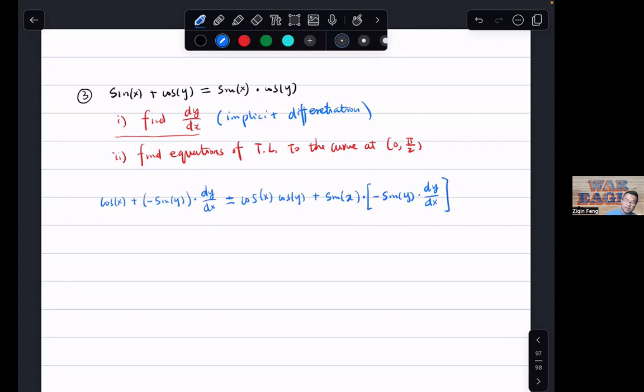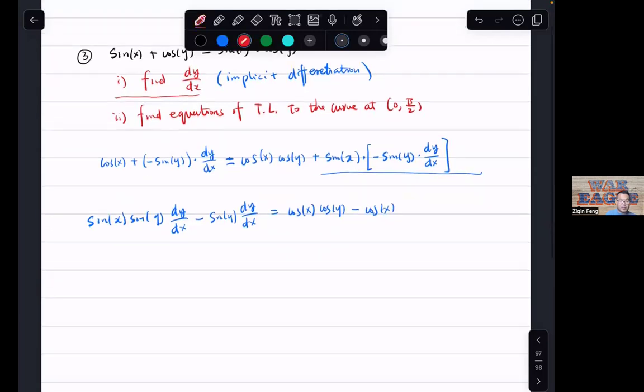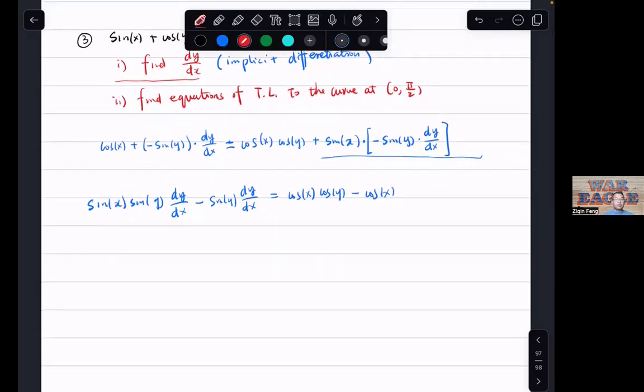Move the negative term to the left side and you get positive: sine of x times sine of y times dy over dx, then minus sine of y times dy over dx, equal to cosine of x cosine of y minus cosine of x. So take out the common factor, which is dy over dx, and divide by the coefficient, right?